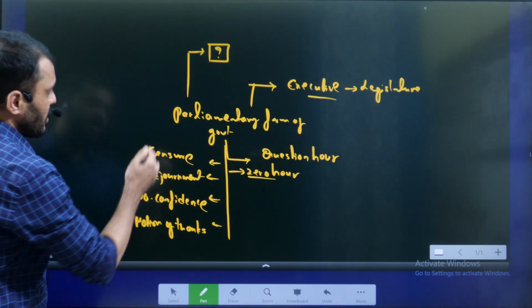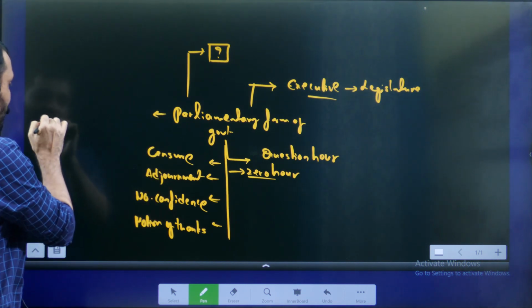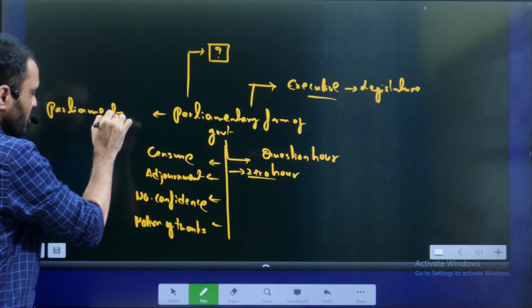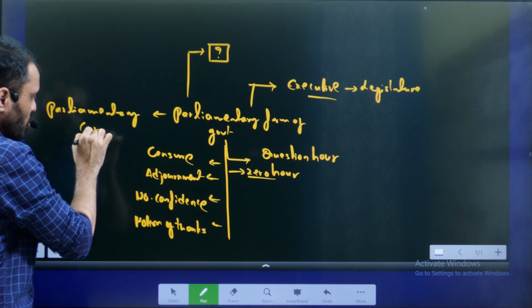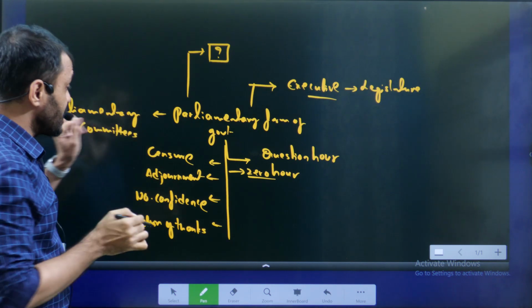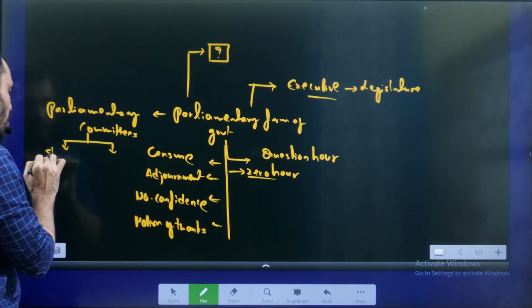Not only these, the parliamentary form of government is reflected even in the parliamentary committees. In class I told you many times that parliamentary committees are of two types: standing committees and ad hoc committees.